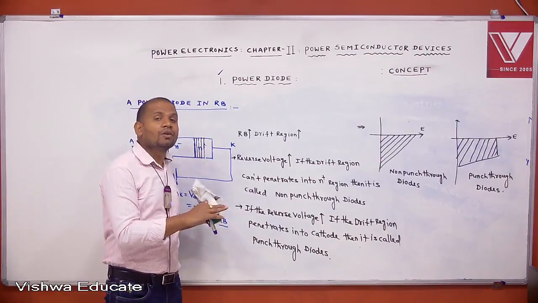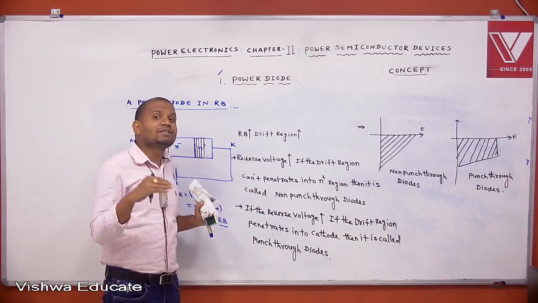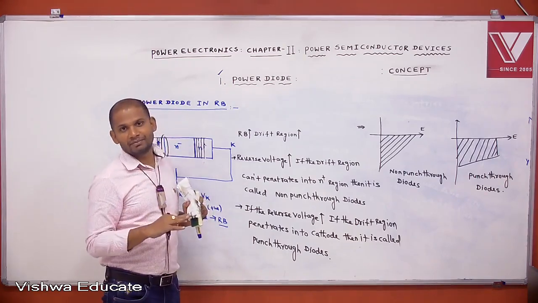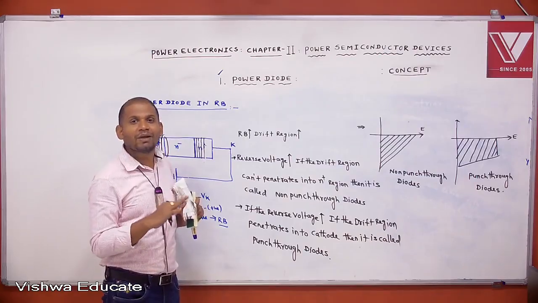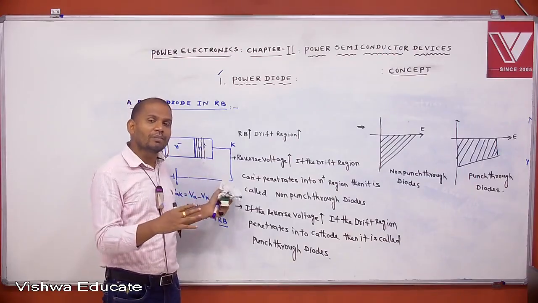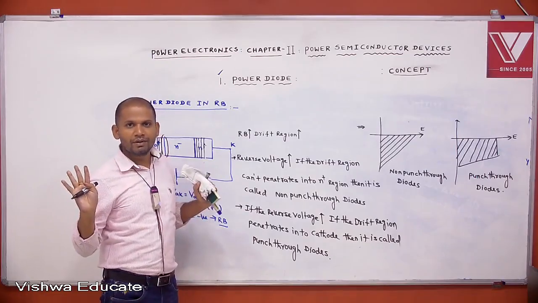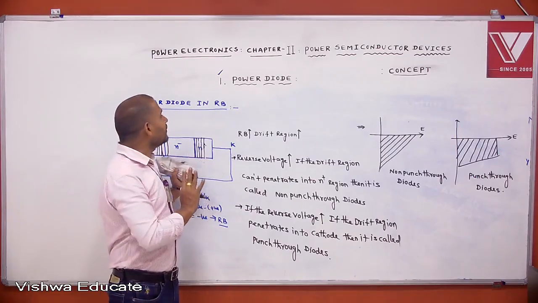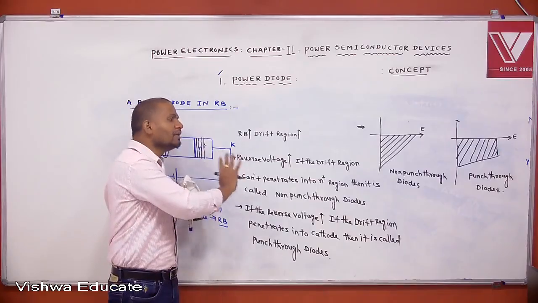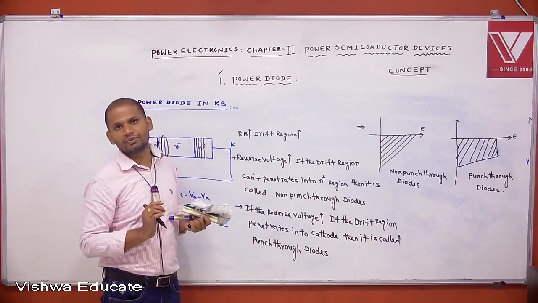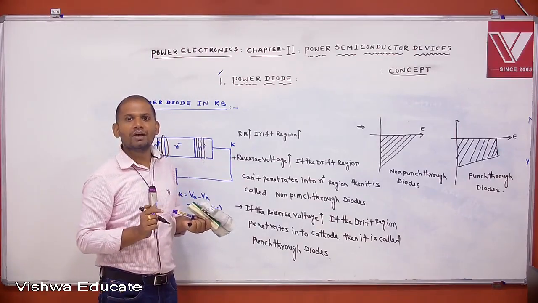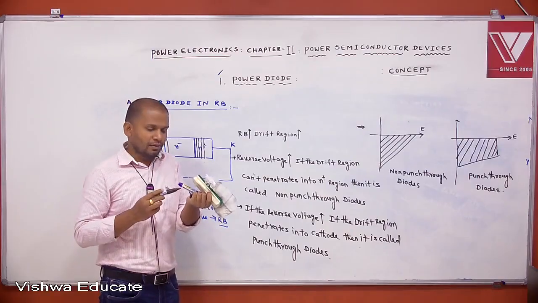Then we go for what happens if the forward bias is applied to the power diode. That concept I want to discuss. Okay, understood or not?